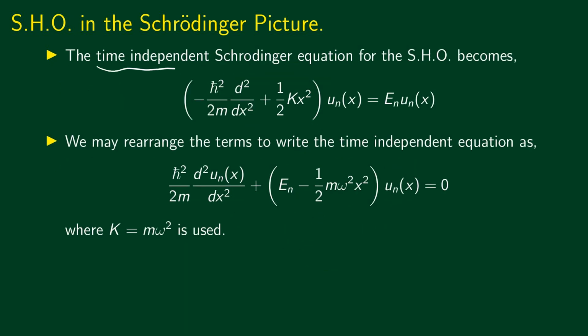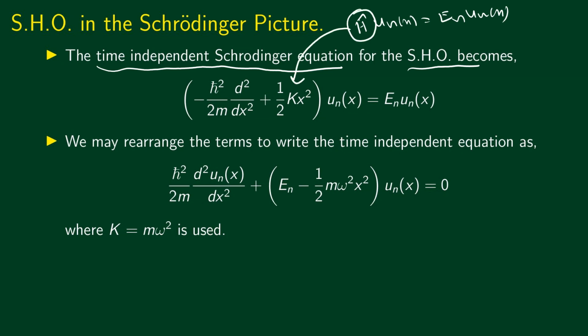Let's look into the time-independent Schrodinger equation for the simple harmonic oscillator. It has this form: H u n of x is equal to E n u n of x. Instead of H, we write it in the coordinate representation: minus h bar squared divided by 2m d squared by dx squared, which is the kinetic energy part, plus half k x squared, the potential energy part.